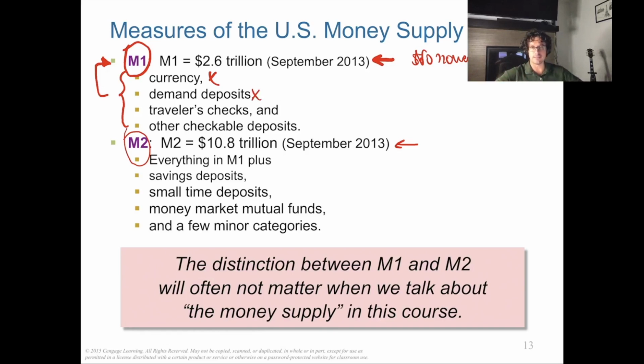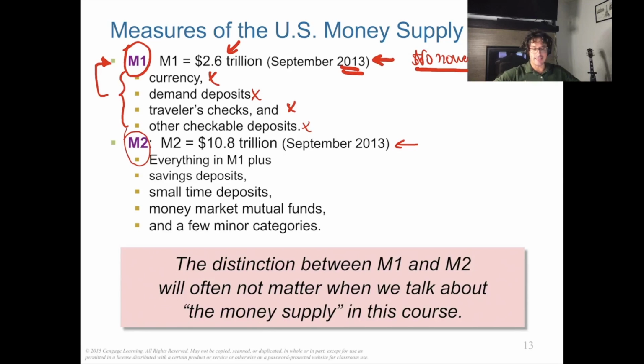We have already talked about that, but also traveler's checks and other checkable deposits. So if you have a traveler's check or a checkable deposit somewhere else, that is still part of the money supply, in particular the narrow definition. And this constitutes, as of 2013, $2.6 trillion.